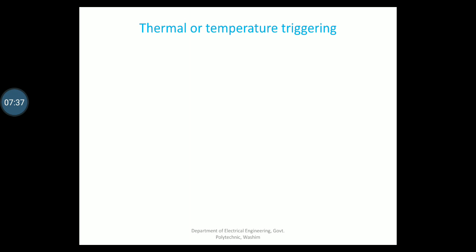And if we try to learn that in a physical manner, when we increase the temperature at the junction, the mobility of the charge carriers goes on increasing, and as a result, the depletion width of the junction J2 goes on slightly decreasing.